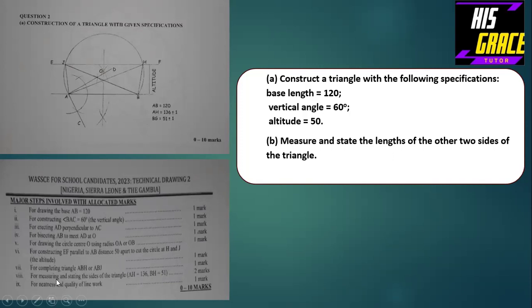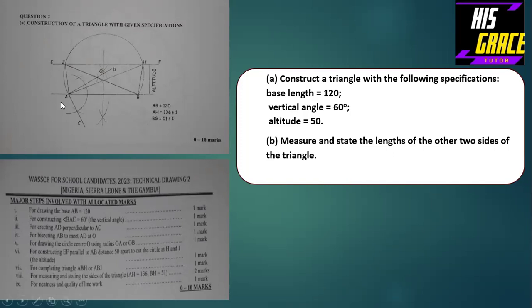For measuring and stating the sides of the triangle, that is AH 136 and BH 51, 2 marks are awarded. For neatness and quality of line work, 1 mark is awarded. So the total marks for this problem is 10 marks. Make sure you put everything in place when you are doing your work, to get the maximum mark out of this type of drawing. Okay, so that is question 2A.